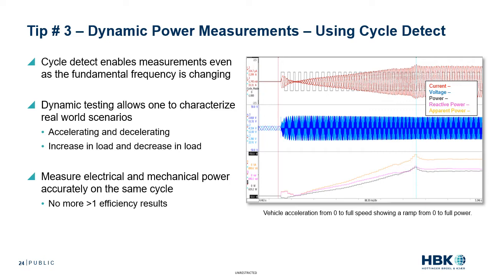But first, I want to let you know that cycle detect also allows you to calculate electrical power and mechanical power over the same cycle accurately, therefore eliminating the greater than 1 efficiency results often mistakenly seen on traditional power analyzers due to the calculation of electrical power and mechanical power over different cycles, hence out of sync calculations.